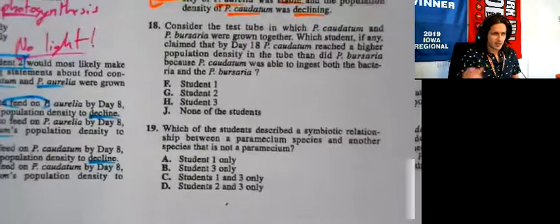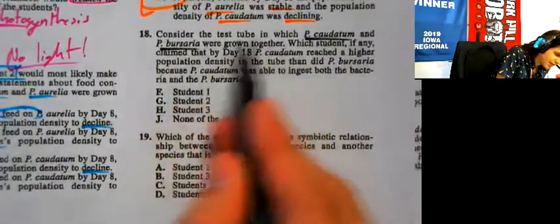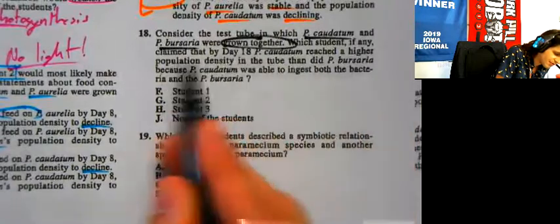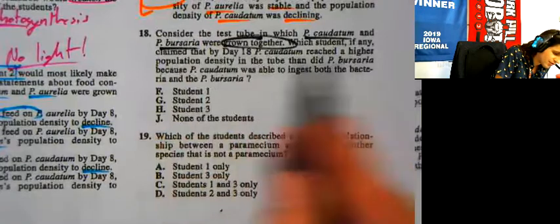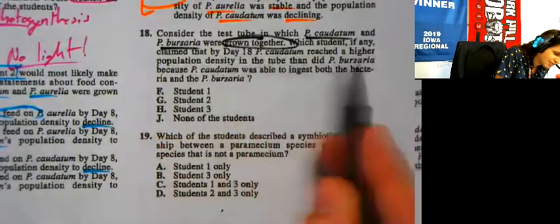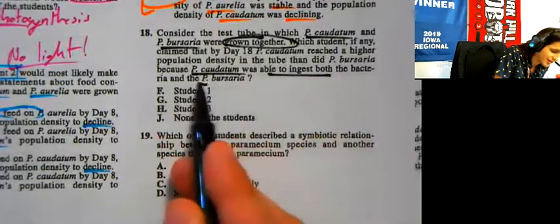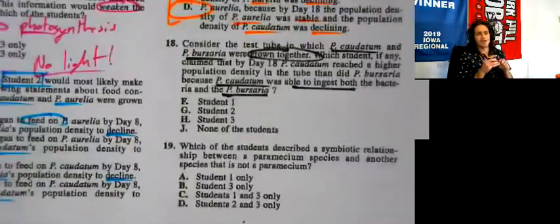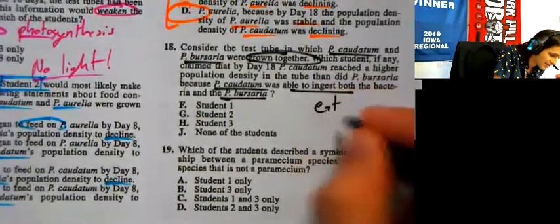2 left. Number 18, consider the test tube in which cow datum and bursaria were grown together. Which student, if any, claimed that by day 18, P. cow datum reached a higher population density than P. bursaria because cow datum was able to ingest both the bacteria and bursaria? So did anybody talk about cow datum? Ingest means to eat, to feed on.